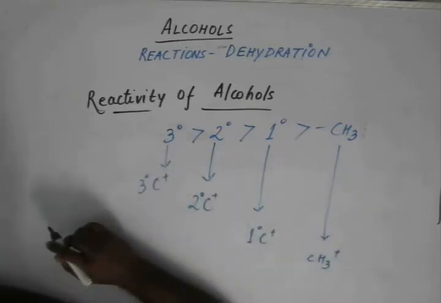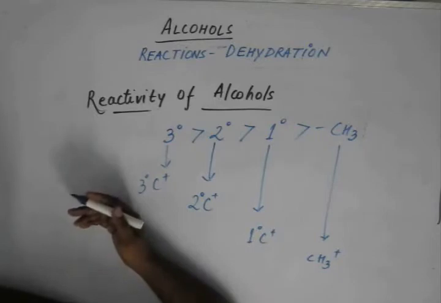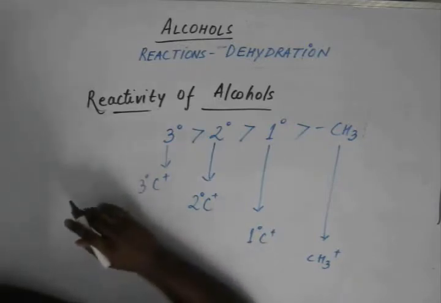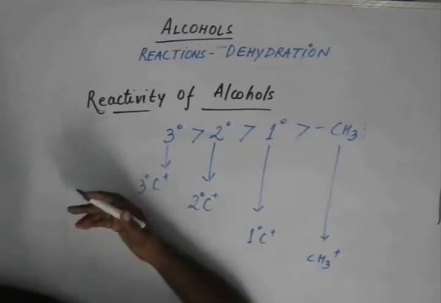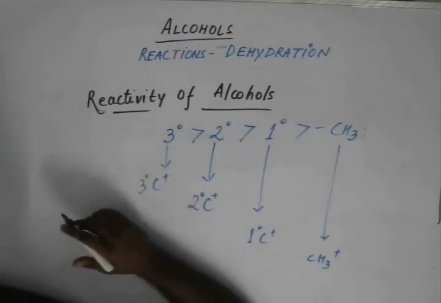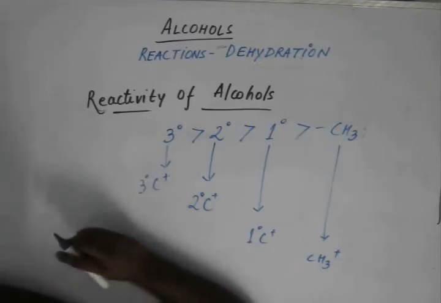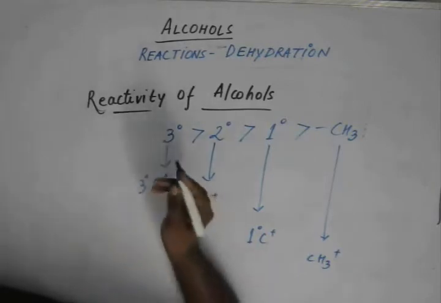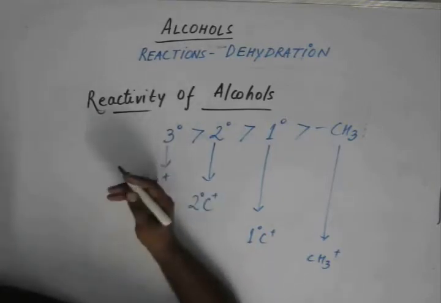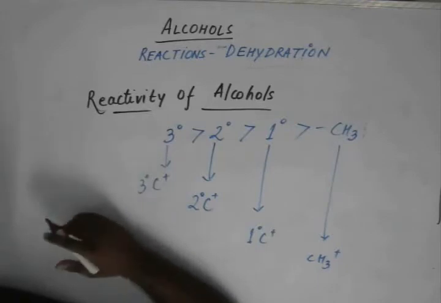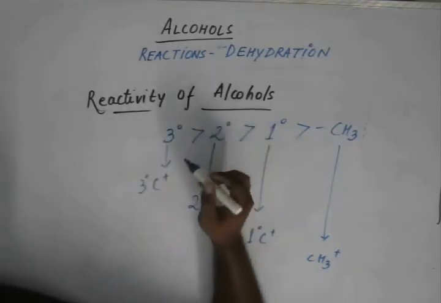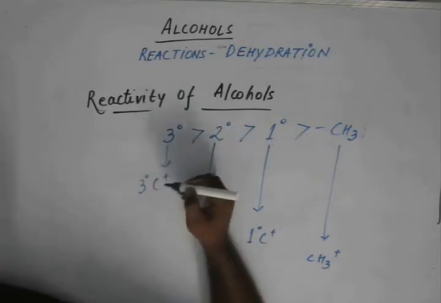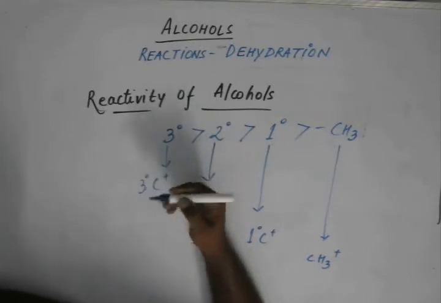Everything in organic chemistry is governed by the general fundamental rule of stability, right? Everything that is going on in organic chemistry has direct relevance to the stabilities of the intermediates and the products formed. As we know, during the dehydration of alcohols, a carbocation is formed.